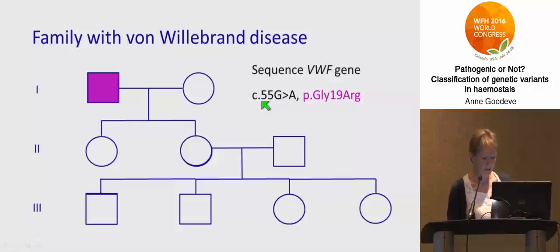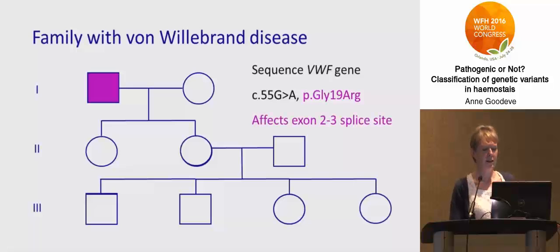So this is a family with von Willebrand disease, and having sequenced the gene, we identified a nucleotide substitution at position 55, G to A, which was predicted to lead to a glycine to arginine missense mutation. But when we had a look at the position of the substitution, it's just on the exon 2-3 splice site boundary, and it's actually predicted to lead to a splicing change.